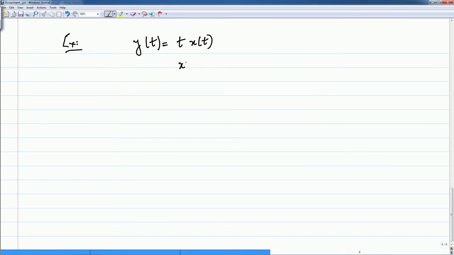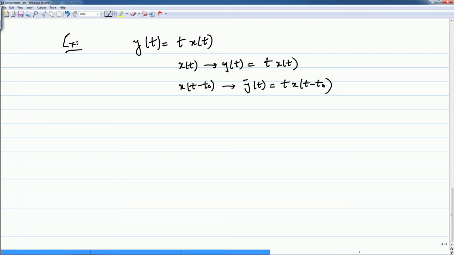If x of t is the input and it produces y of t, we know that y of t satisfies this equation, t times x of t. Now if x of t minus t naught produces an output y tilde of t, we know that that satisfies t times x of t minus t naught. Okay, remember that that's the equation. If I say my input is x of t minus t naught, how do I find the corresponding output?